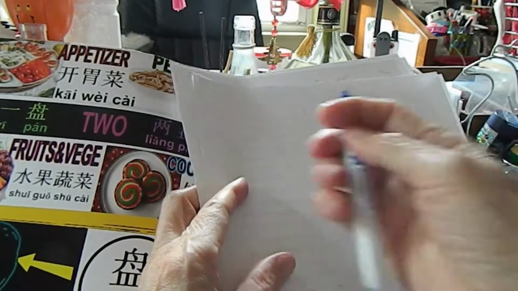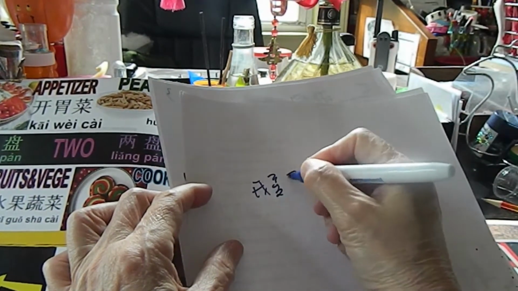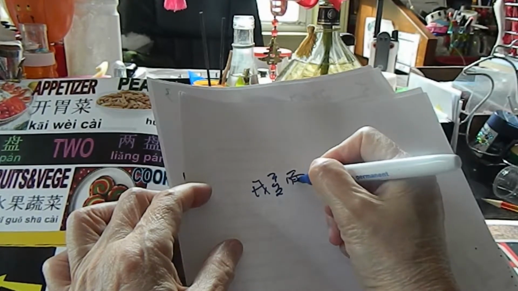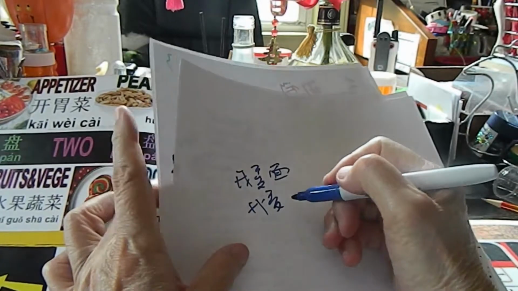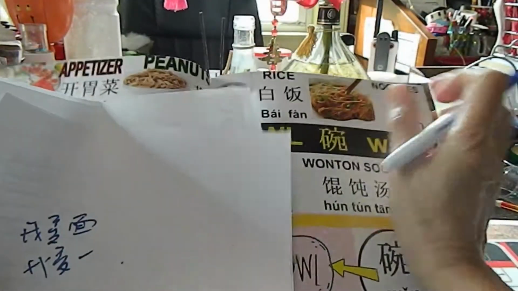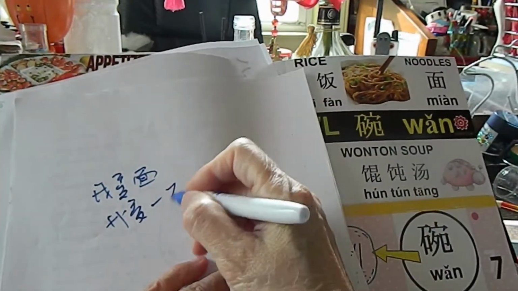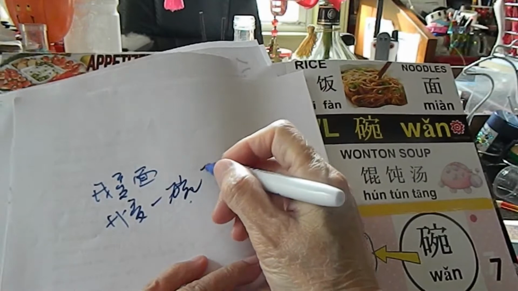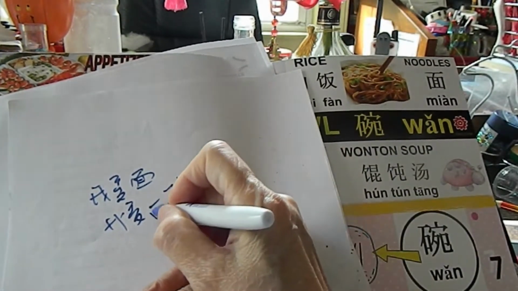For example, 我爱面. Now you're gonna use the measure word: 我爱 one bowl. You see that? 一, and then 一碗. 我爱一碗面. Now, if I want two bowls, then you just say 2碗.